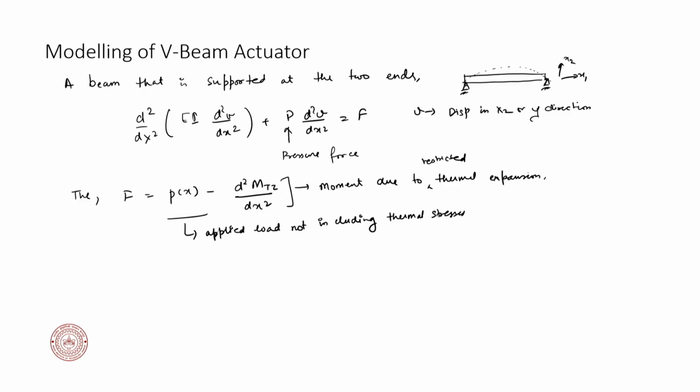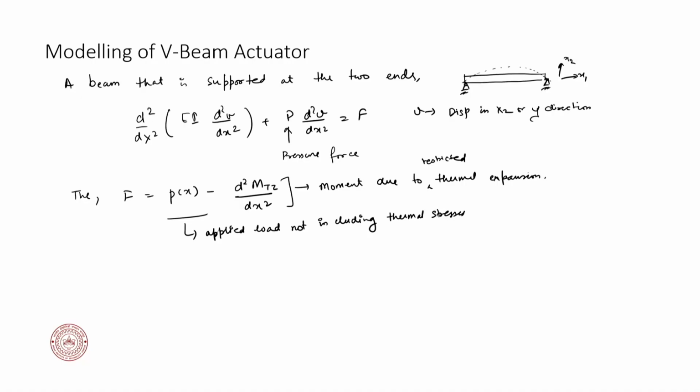Okay, so we have a constrained or a restricted thermal expansion, and that is causing this moment, this M_T. Okay, now this P of x can be any force. It can be gravitational force, it can be some electromagnetic force, but not thermal stresses. That's what I want to convey.